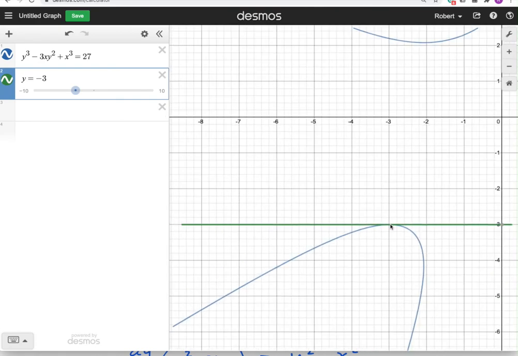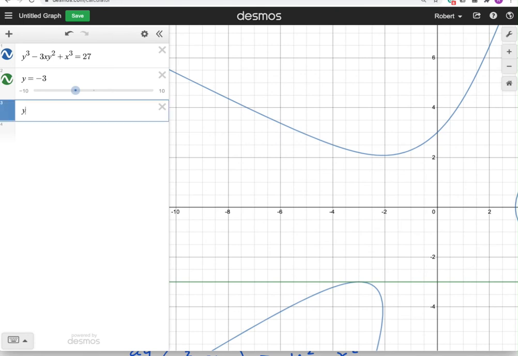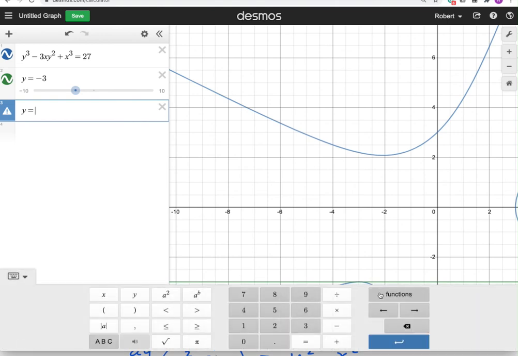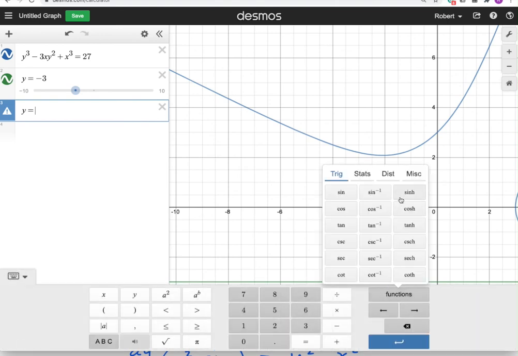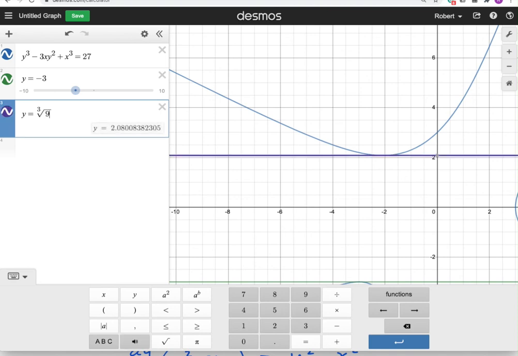Okay, and then this one, well, this was my y equals the cube root. I can find the cube root here, the cube root of 9, remember it became positive, and there we go, same thing.